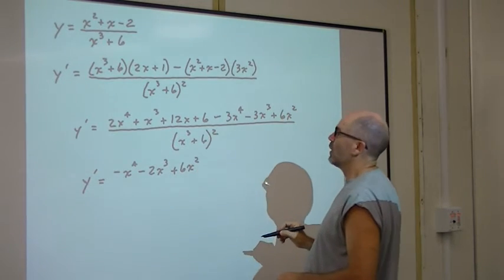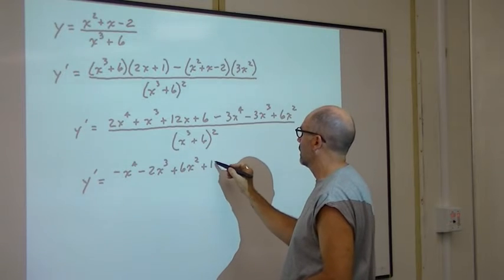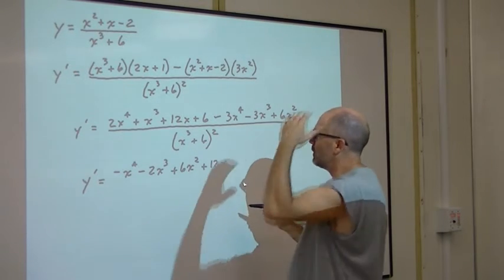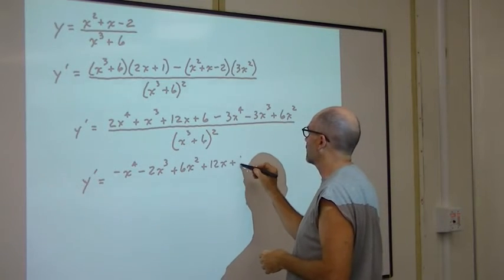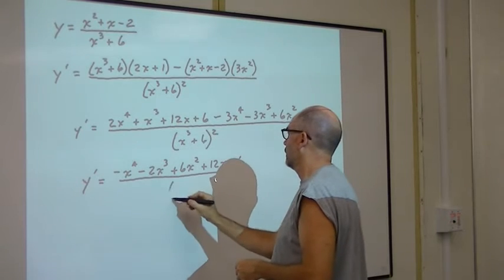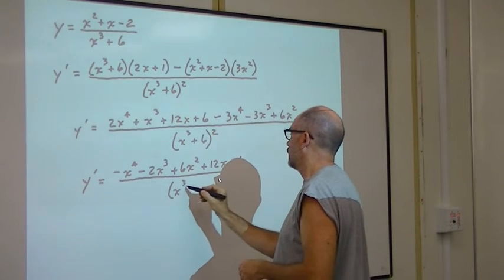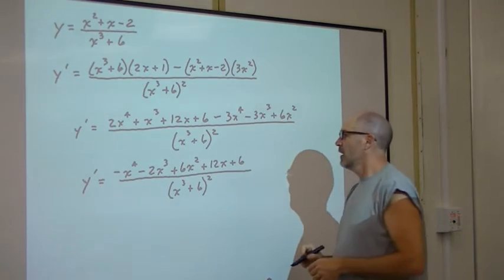And then we've got our x's, which we've got a plus 12x. And then we've got our x to the 0, which is plus 6. All over x cubed plus 6 quantity squared.